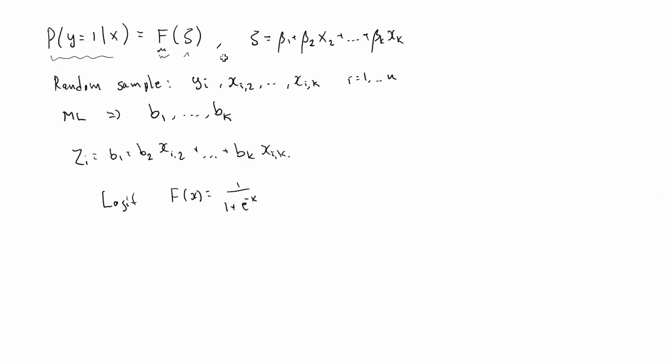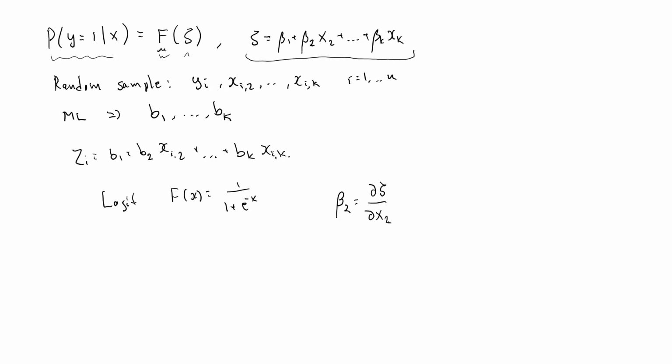So keep in mind, the beta parameters really have no direct interpretation. If you want to, you can see from here that, for example, beta 2 is the partial derivative of the zeta variable with respect to x2. But that doesn't really mean anything because the zeta value is just sort of a helper variable to understand the theory.